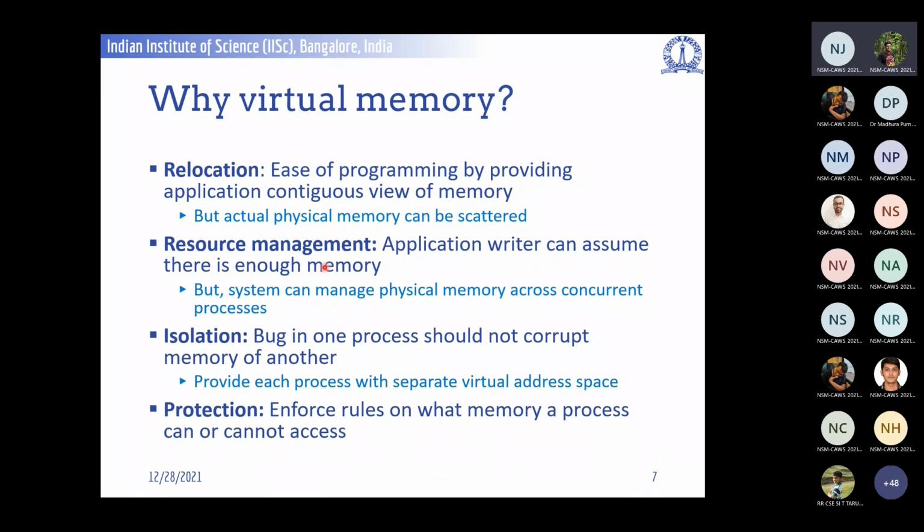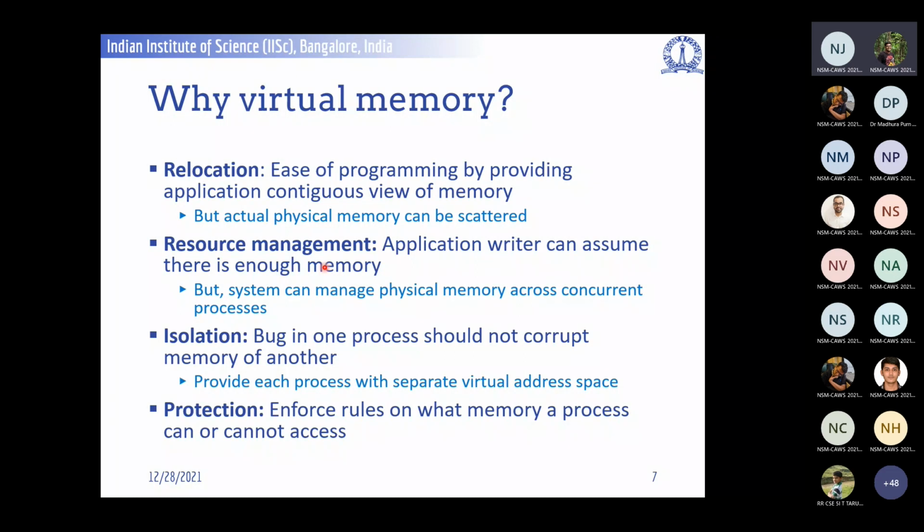Any memory-related bug will be isolated within that particular process itself. If it does something wrong and, say, a segmentation fault happens, then that buggy application will die and crash, but it would not crash the other processes running on the system. That's thanks to the isolation provided by virtual memory.